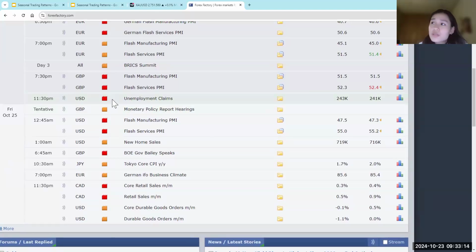So US unemployment claims are also a high impact event. You can see the data is expected to be higher than previous.